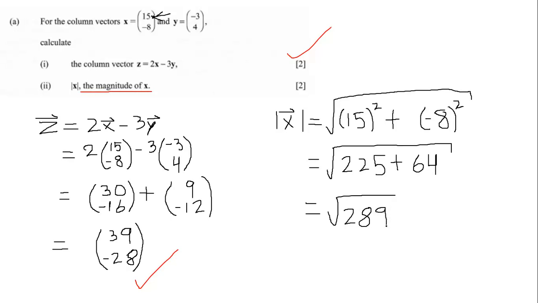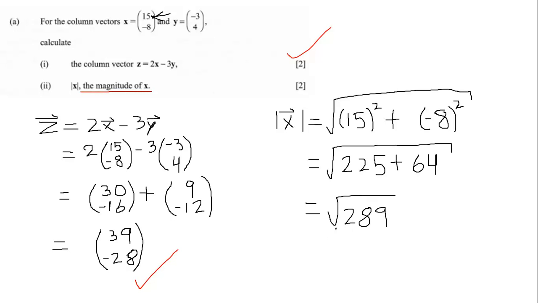Now, what is the square root of 289? When we say the square root of 289, we're basically asking what number we can multiply by itself to give us 289.